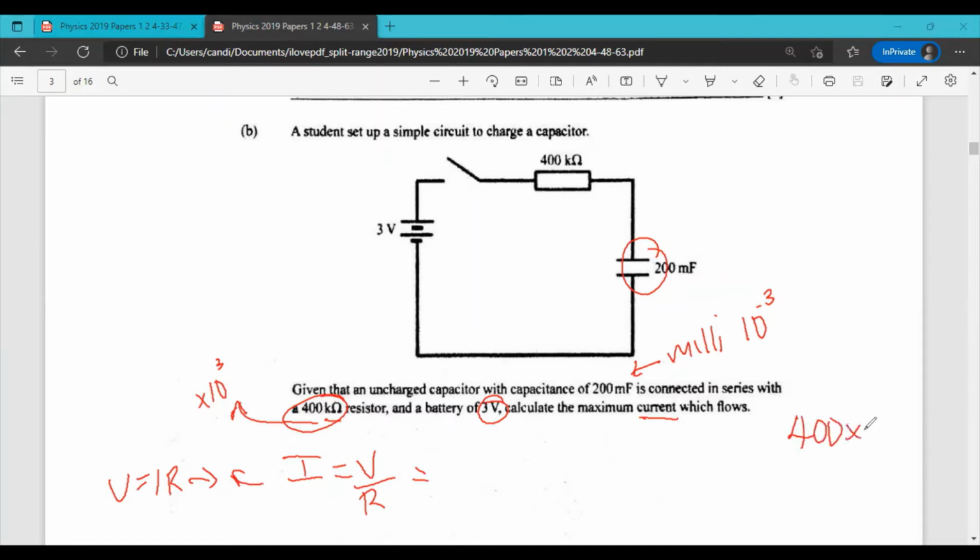We multiply by 10 to the power of 3, which is just add 3 zeros. So that's 400,000 ohms, and it's 3 divided by 400,000. When we plug that into our calculator, we get a really small number, but no worries, we know how to fix that up. You get 0.0000075.